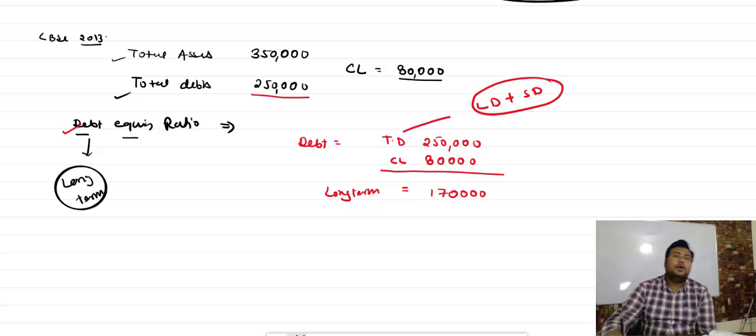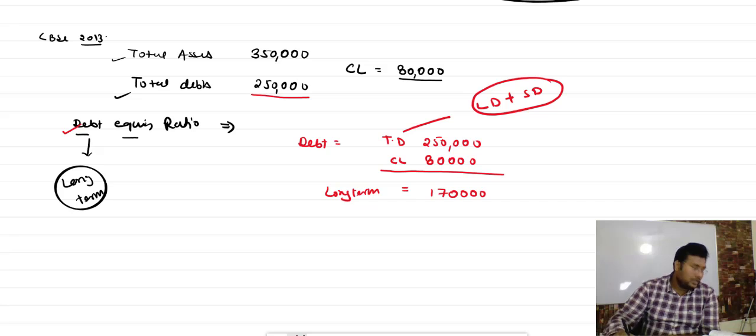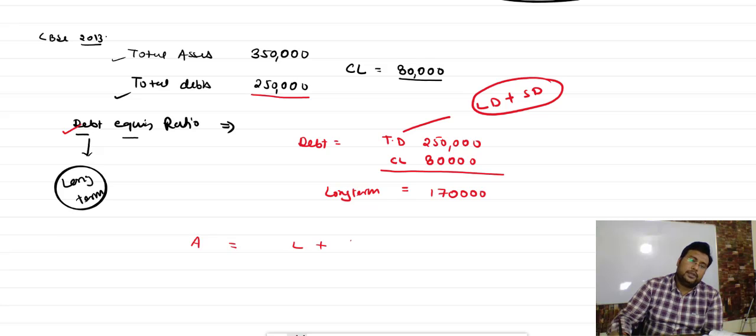Now we have to find out equity. How can we find out equity? Again, it is very easy. One formula is there: assets is equal to liability plus capital. We have the total assets 3,50,000, and total liability, total debt, is 2,50,000.